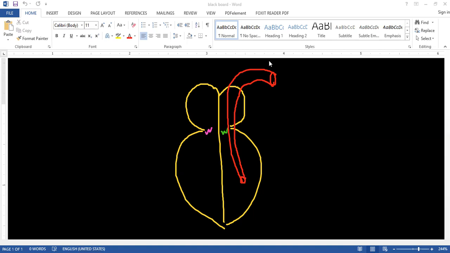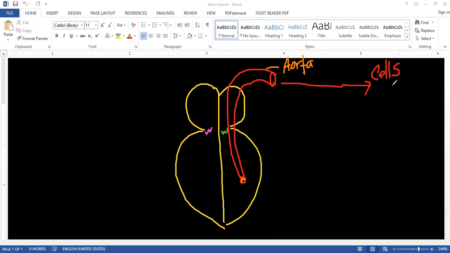And here is the aortic semilunar valve. This is the aorta. Where is this aorta moving? It leads to cells. It will go to the organs, then to the tissues, and then to the cells.